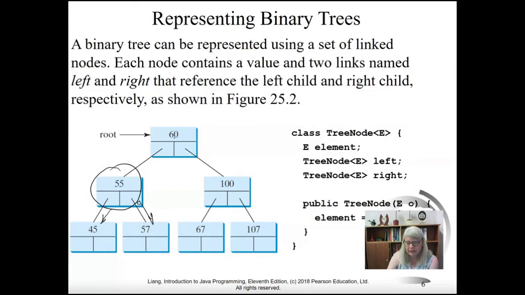Now can you see that it's a linked list? Every node has an element, and then it has 2 pointers, not a next like in a typical linked list, but 2 pointers. It has a left and a right.